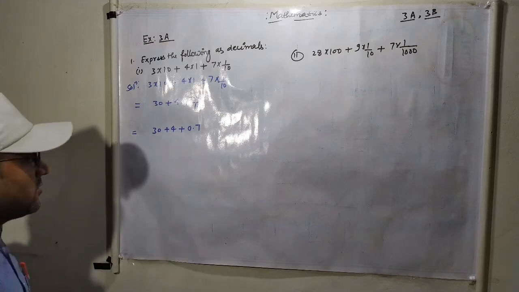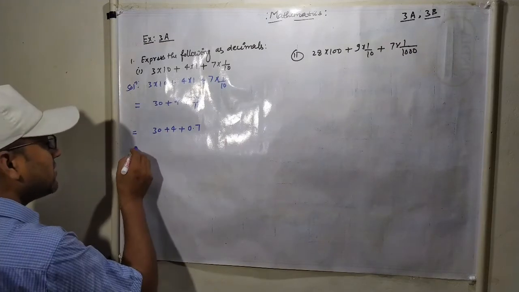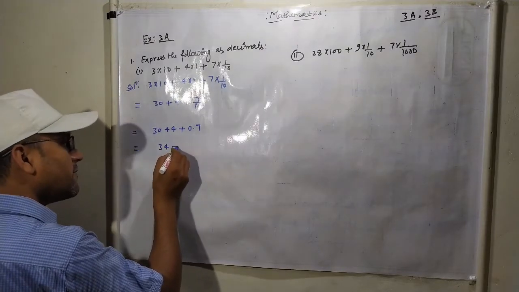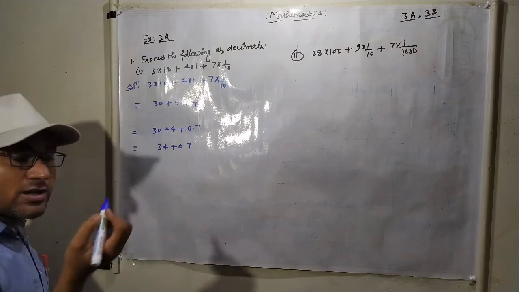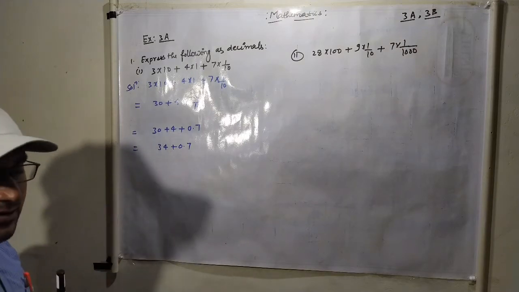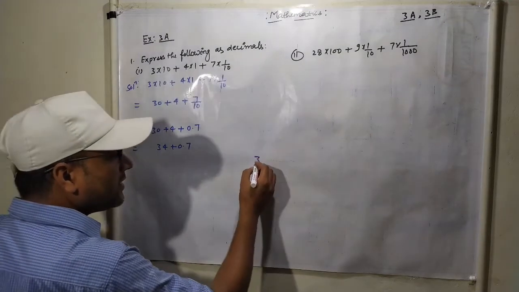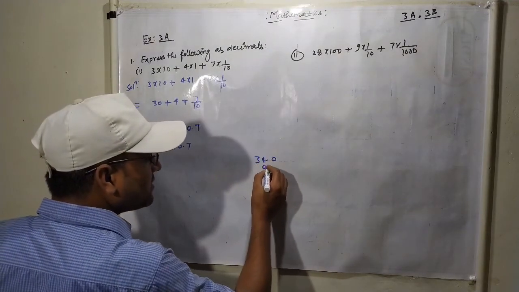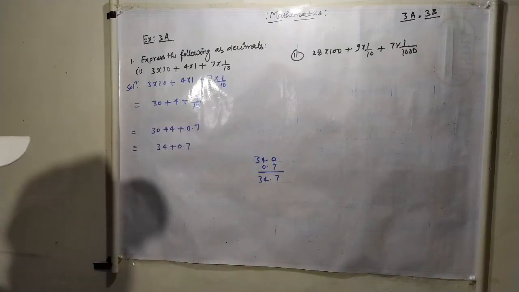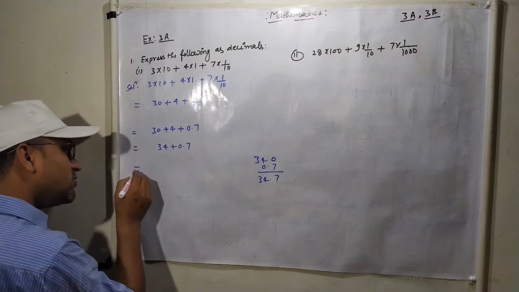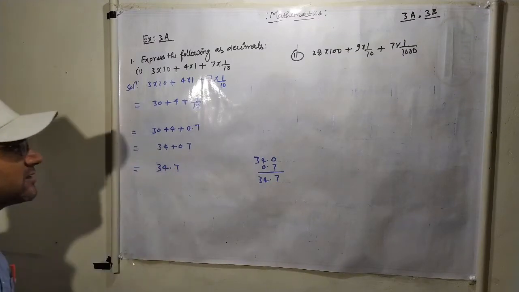So after that you add 30 plus 4, you get 34 plus 0.7, and it is very easy to add. You know the like decimals, no? Here is 1 decimal point, here is nothing, so 34.0 and 0.7. If you add this, you get 34.7. Or if you use your mind, it is very easy. You will get 34.7.